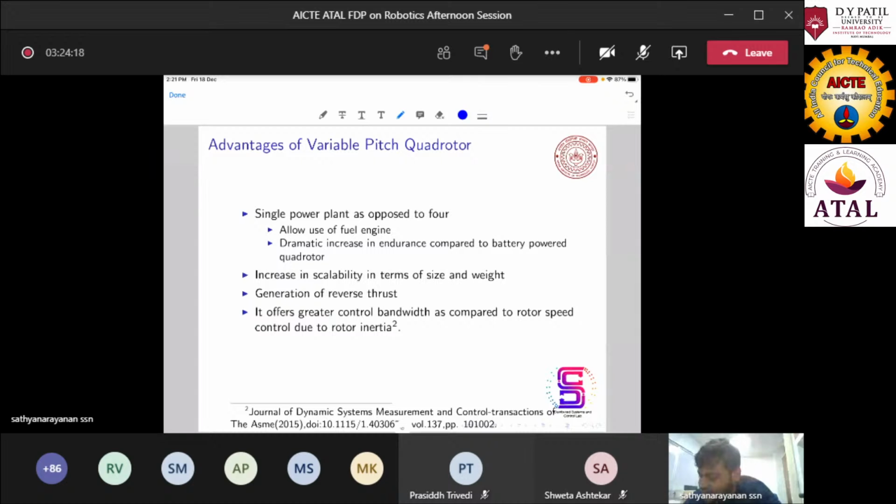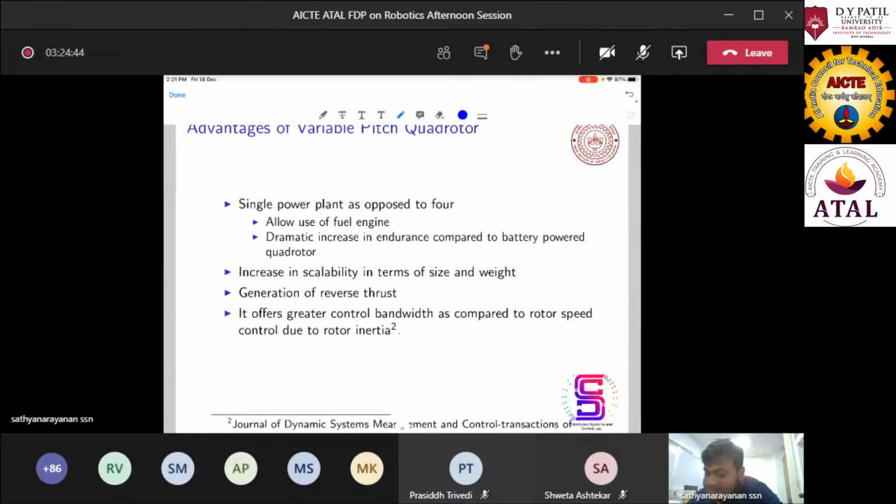Scalability, size and weight can also be increased, because if you are using gasoline or something like that, it can generate a high amount of torque or thrust to overcome the weight force. And generation of reverse thrust: as I said, the variable pitch changes pitch in both directions, so you can generate thrust upward as well as downward.